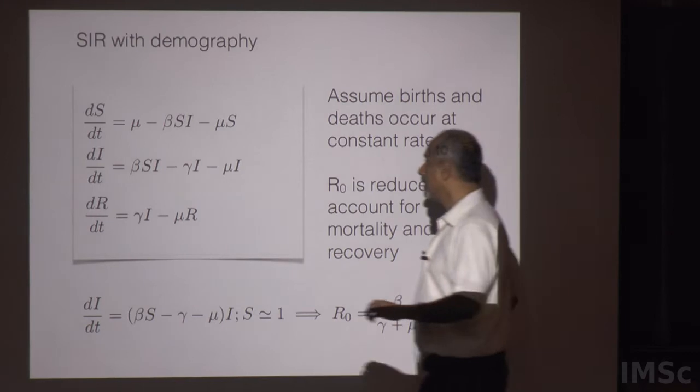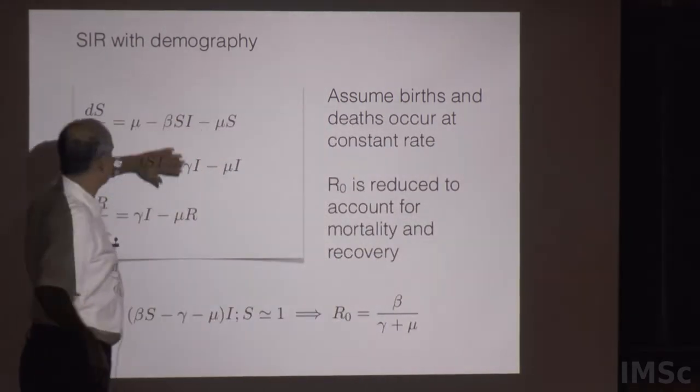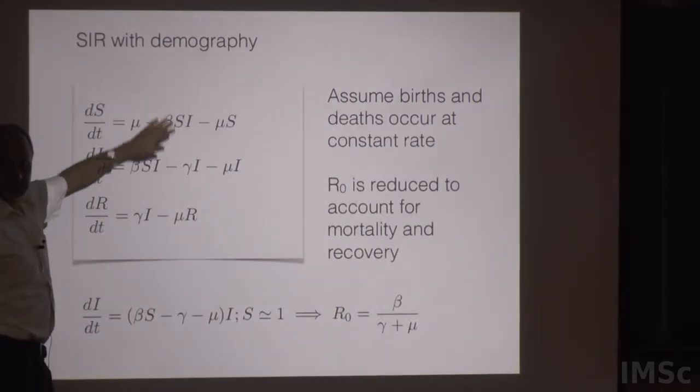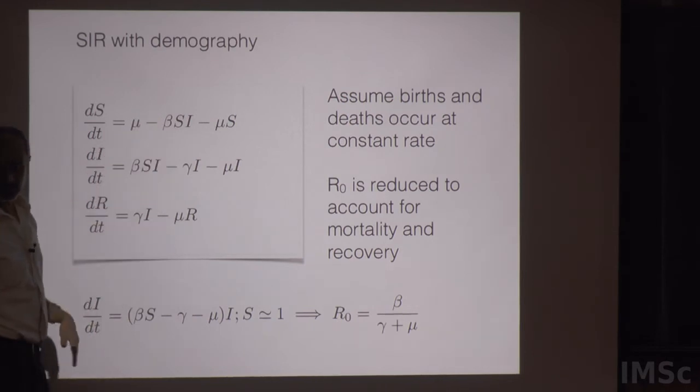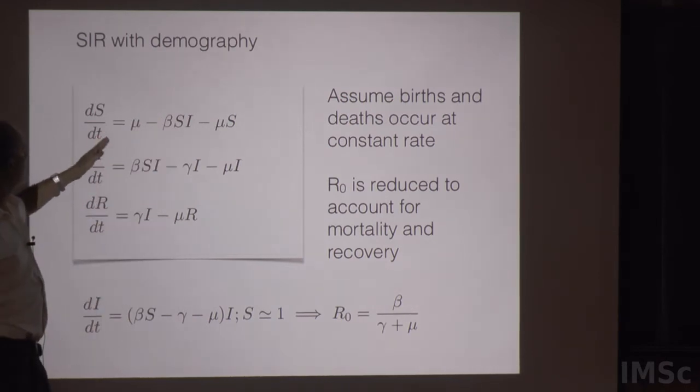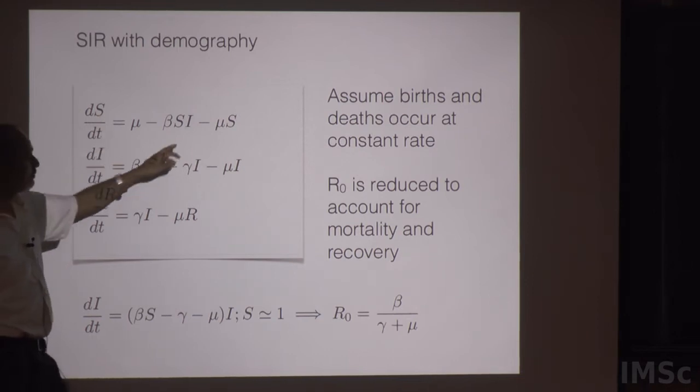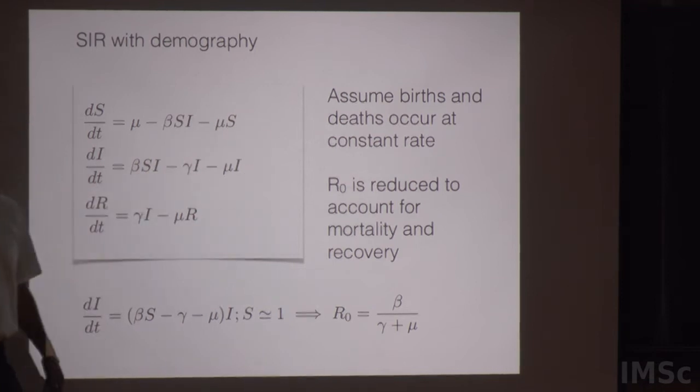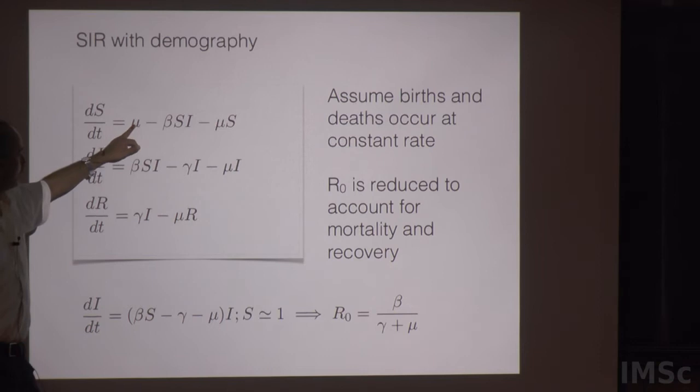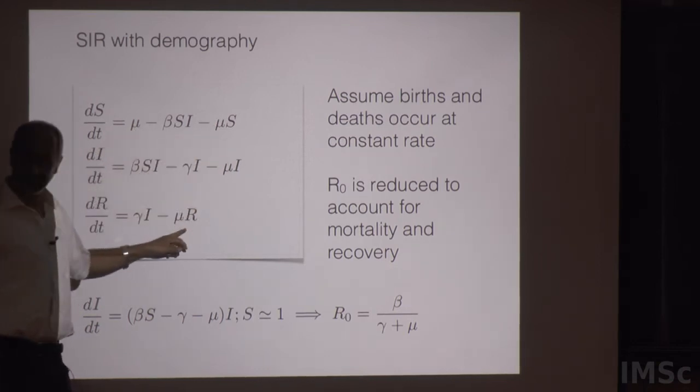So, if we now rub out this term and this term, just having the mu terms there, the last mu term says the change in the number of susceptibles in a small unit of time as a consequence of deaths is mu times that number. So, this is people being born, this is people dying.